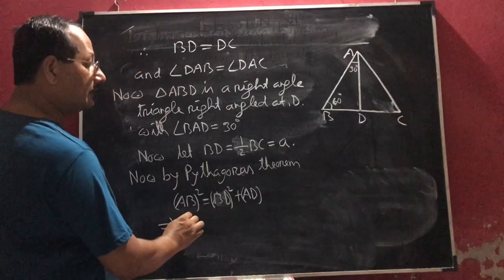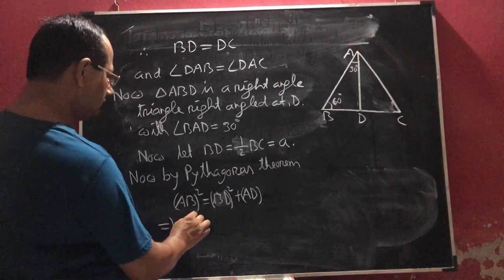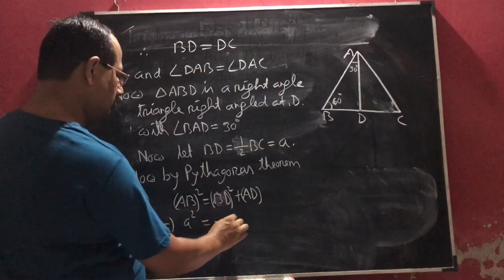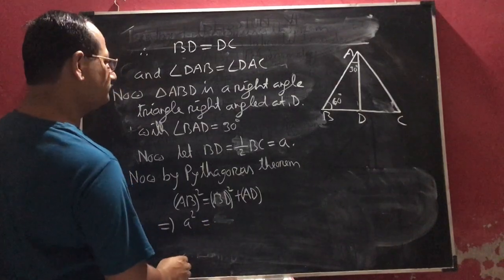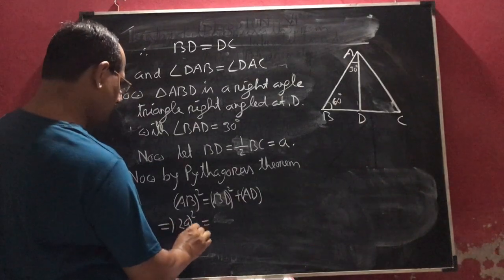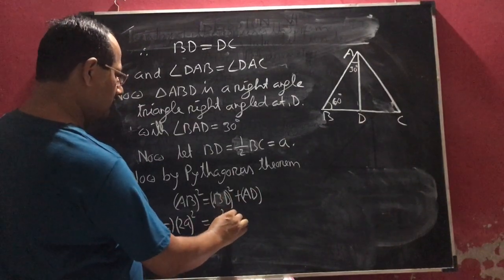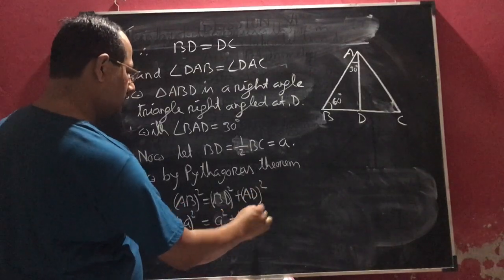So AB is what? AB equals twice a, so AB squared equals BD squared plus AD squared.